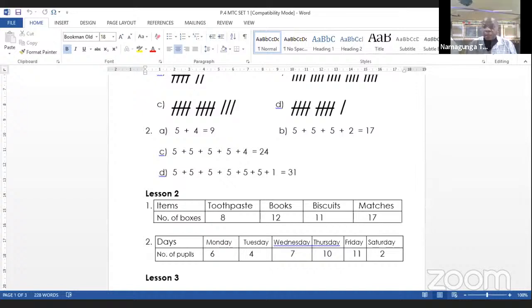Okay, now we continue. I was saying that the example that was given to you was showing children in primary 4 and their Christian denominations. It was presented in a table where we have the denominations and number of pupils.